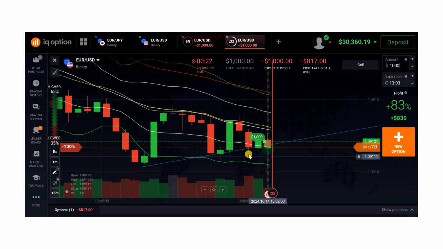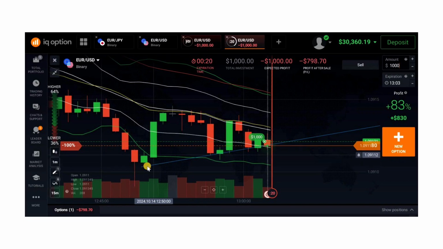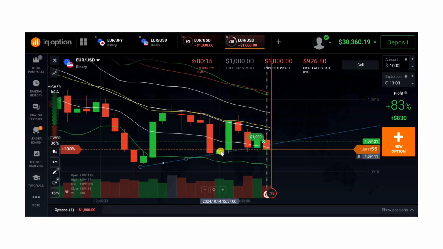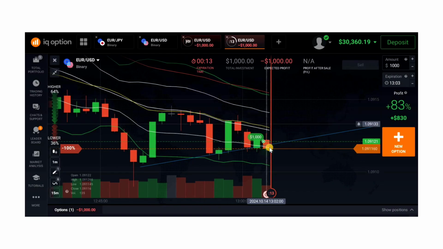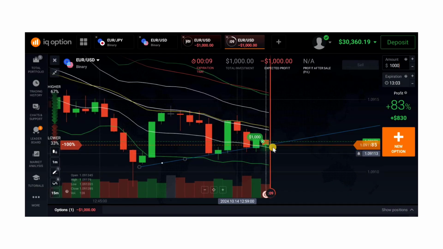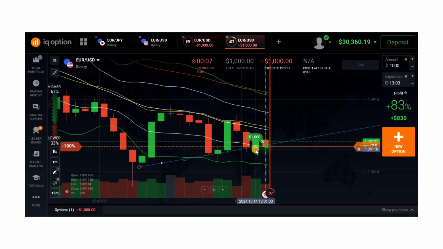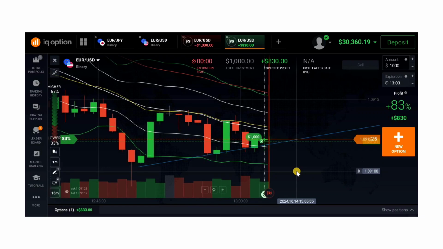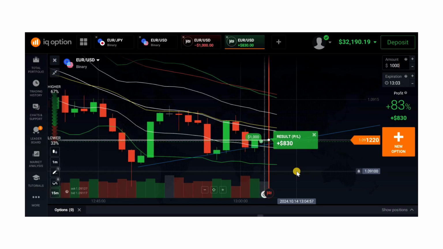I am looking at this place as a first low, I'm looking at here as a retest of the low, and I'm looking at this as a confirmation. Like this is a retest and a confirmation. So I'm taking my trade now at this point of the market. So let's wait and see. It's like the third touch of that area. That's what I did, and that's how I won this trade.